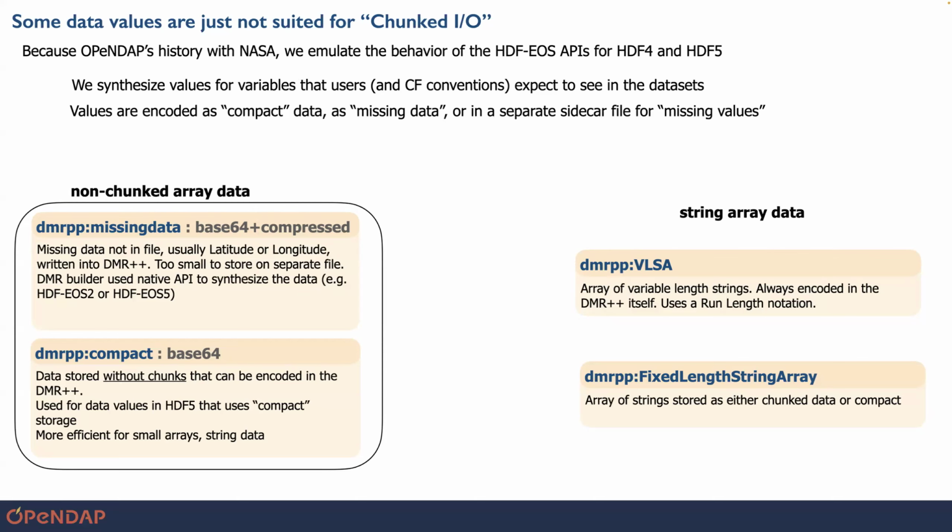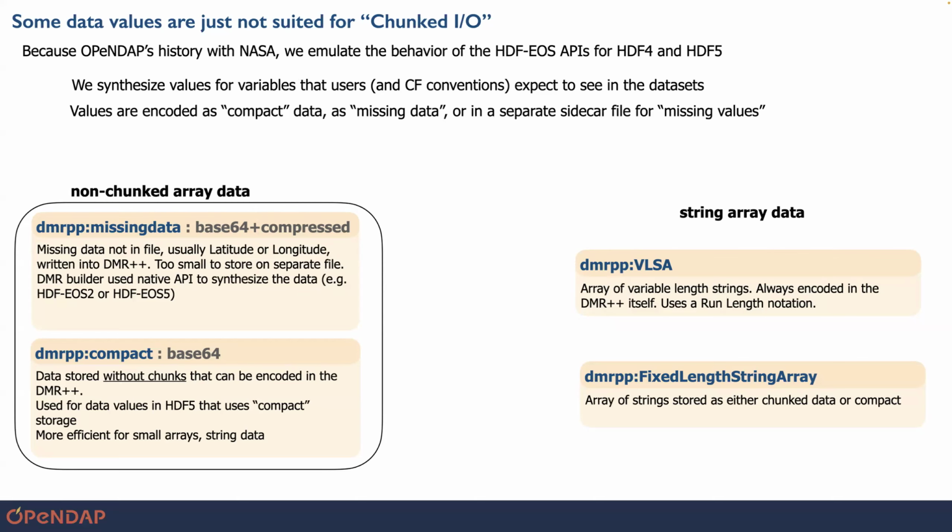Similarly, in some cases where the variables are not part of the data set, the case that I just talked about a moment ago, where the HDF EOS APIs generate the georeferencing data and make it appear to be a variable in the data set, we then replicated that feature.